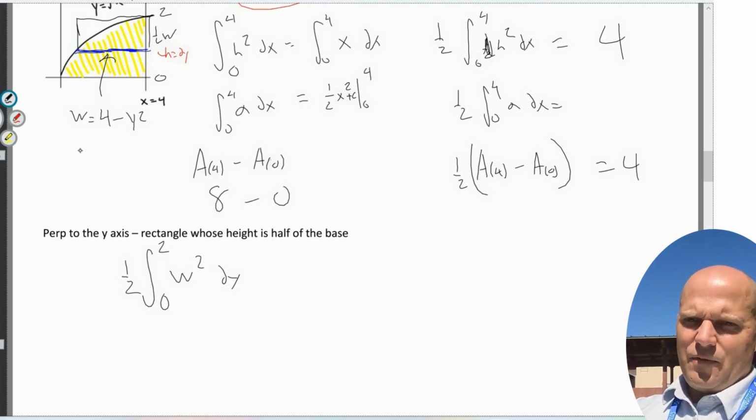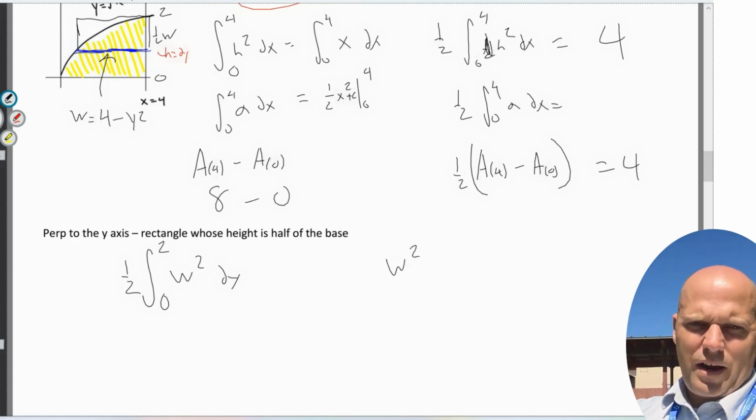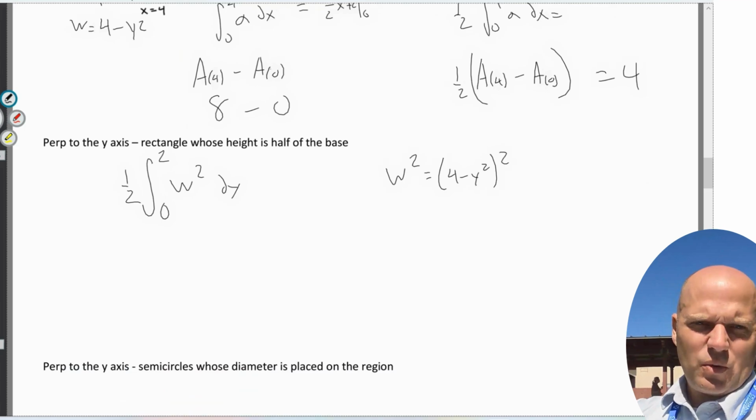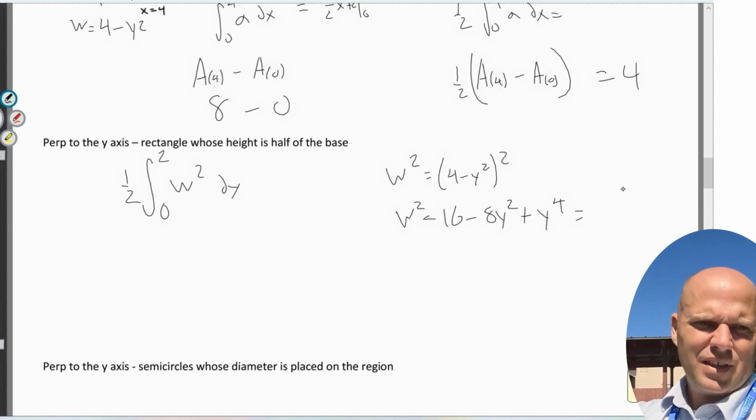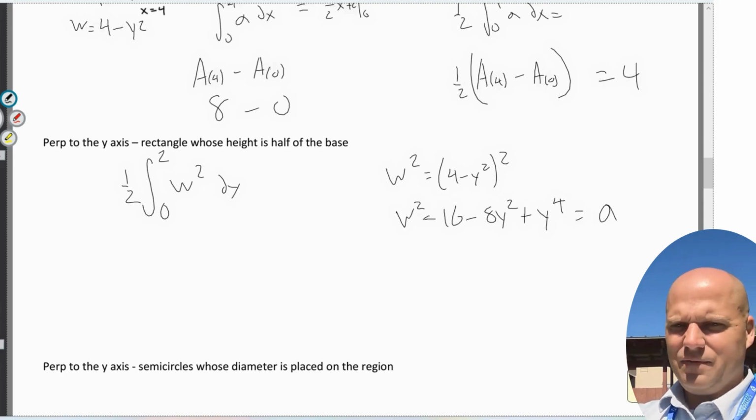Now, if w is that, w squared is (4 minus y squared) squared. W squared is 16 minus 8y squared plus y to the 4th. You can consider that your area or something. That's not because you need the 1/2.